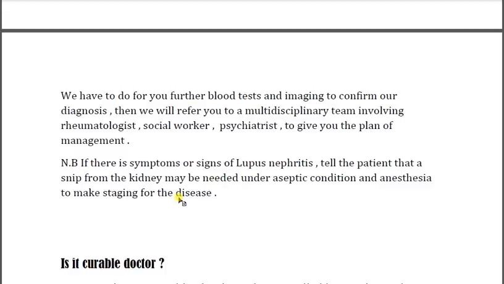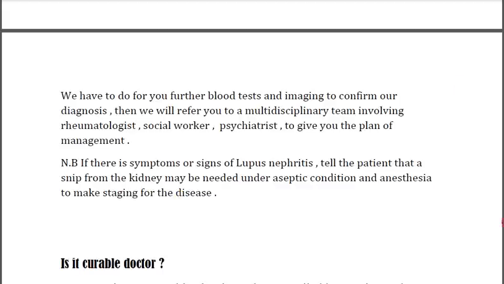We know that in SLE, if there is lupus nephritis or urine analysis revealing proteinuria, the patient has to undergo biopsy to know the staging of the lupus nephritis, and every stage has its own treatment.